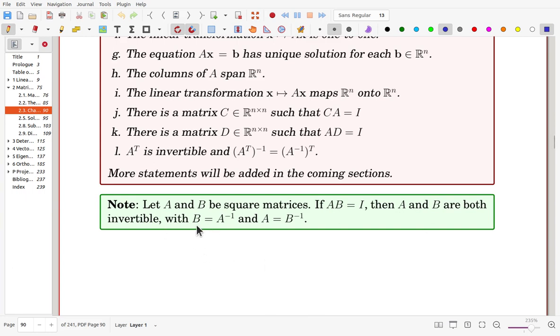Here, B is A inverse and A is B inverse. So once the product of two matrices is the identity, one matrix is the inverse of the other.